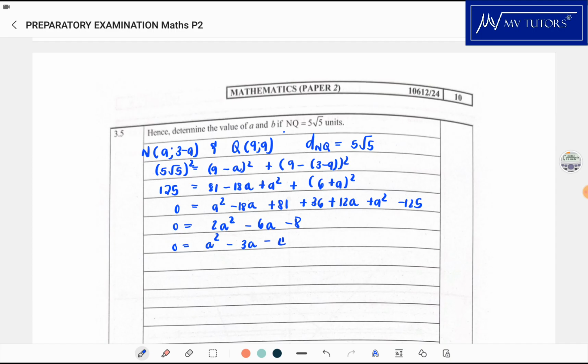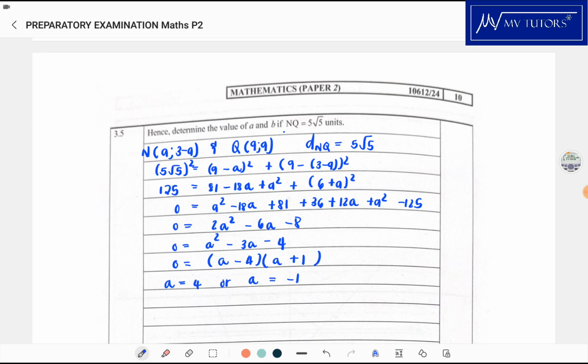Just making sure that I wrote everything correctly. When I factorize, the factors of 4 that I'll consider: 2 and 2 will not work, but I need minus 4 plus 1 in order to get minus 3. So ultimately A is equal to 4, or A is equal to negative 1.